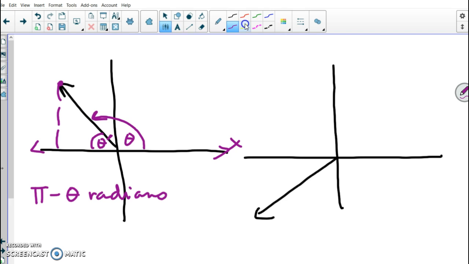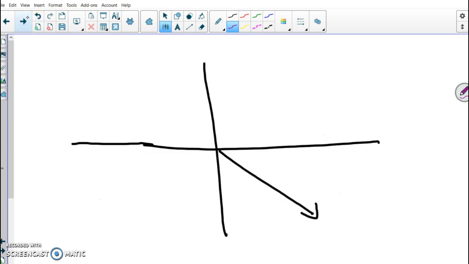In the second case, we can see we can have an angle in quadrant 2, we can have this angle in quadrant 3, our initial angle theta, and our reference angle theta prime. So for theta prime, we drop that line back up to the x-axis, and that creates our theta prime angle. And in the third situation, we have our original angle measure theta.